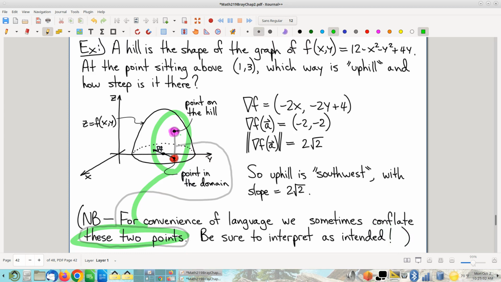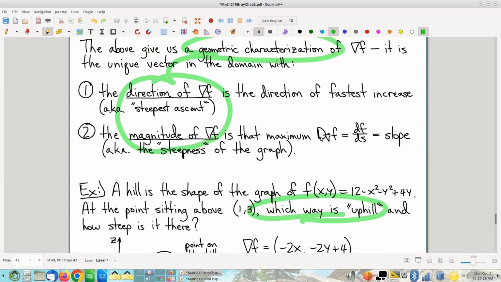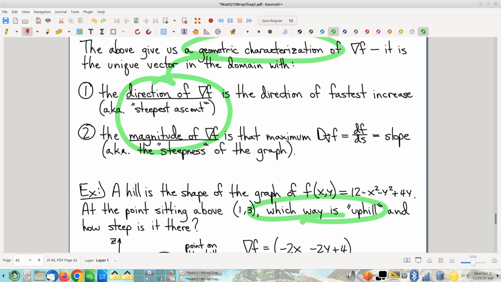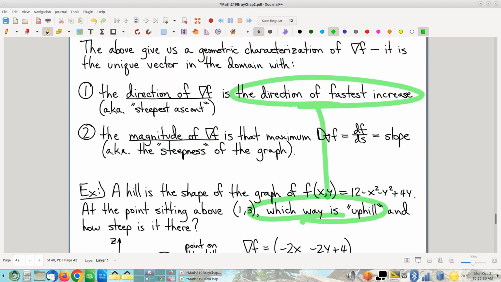Alrighty, with that in mind, I am at the point (1, 3). Look, I just described my location with two coordinates. Of course, that's not where I actually am; I'm actually on the surface. I'm at that point, and I want to know which way is uphill and how steep it is. Which way is uphill is exactly one of our geometric features of the gradient: the direction of fastest increase is the direction of the gradient vector.